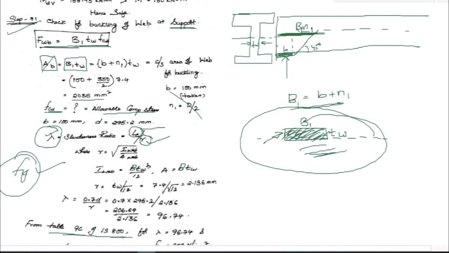Of course, if we calculate I by A and apply the root, the B terms cancel, and r will be just TW by root 12, and these TW also get cancelled. Okay, so you get TW by root over 12, that is 7.4 divided by root over 12, and 2.136 mm.